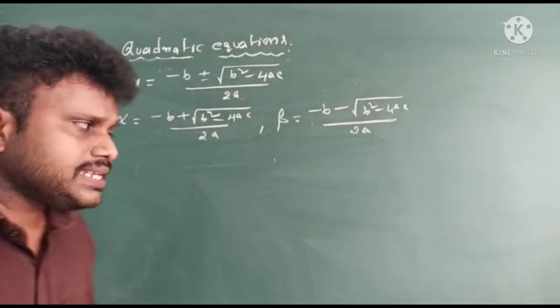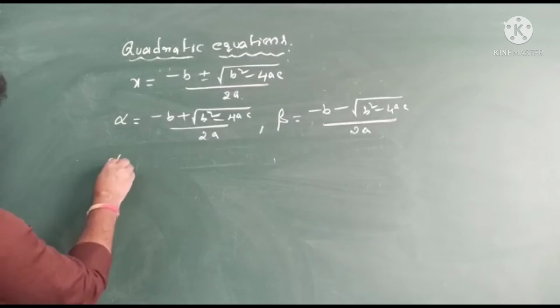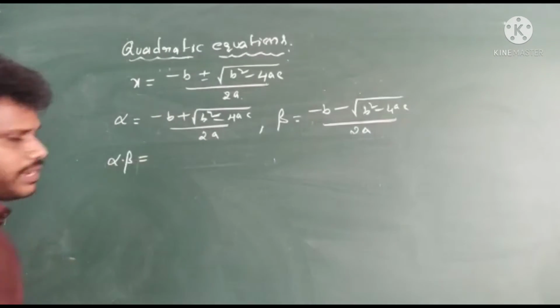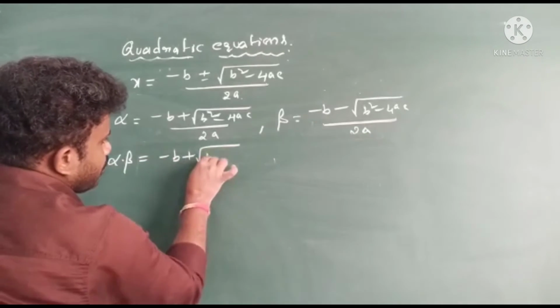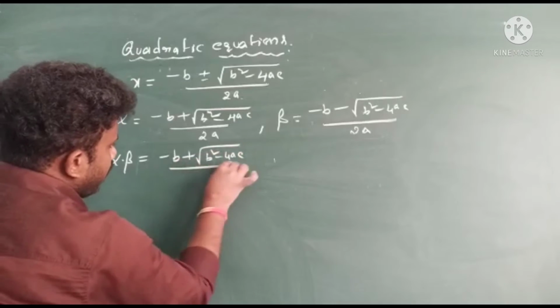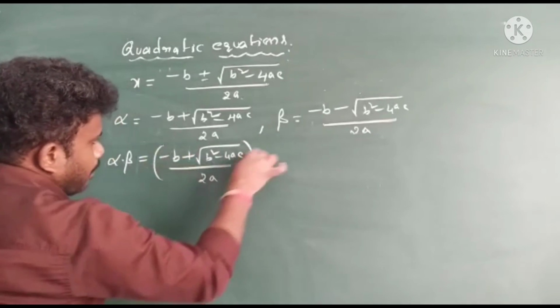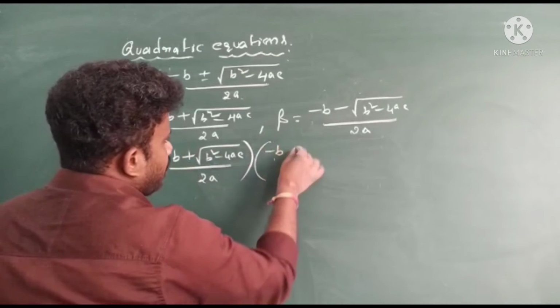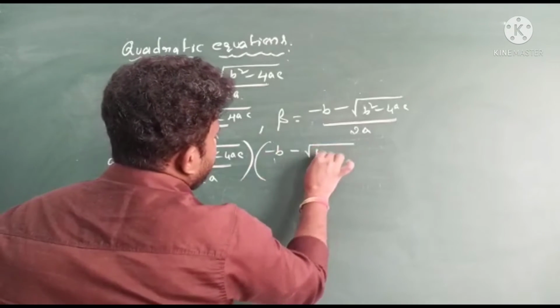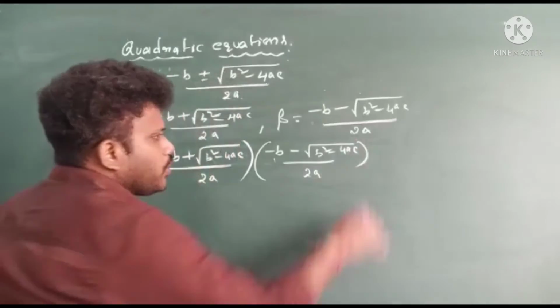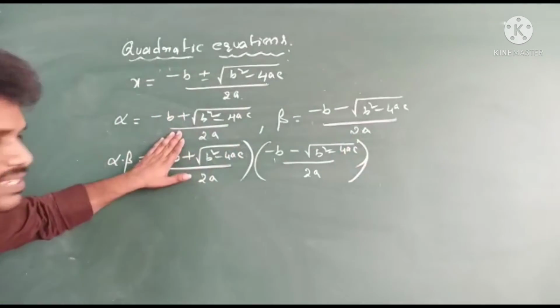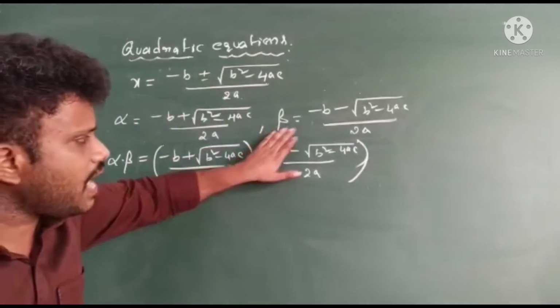Next I am going to discuss the product of the zeros, which is nothing but alpha into beta. So minus b plus root under b square minus 4ac by 2a into beta, which is again minus b minus root under b square minus 4ac by 2a. Here try to understand, the numerator is in the form of, imagine this is a and this is b, this is a and this is minus b.